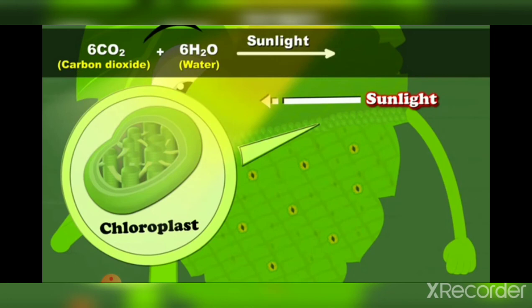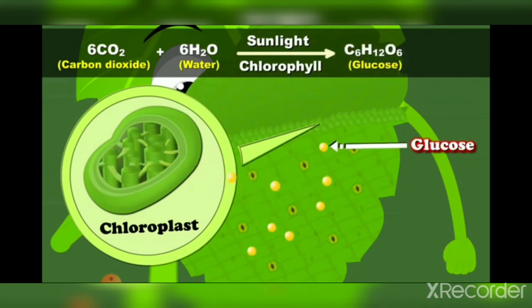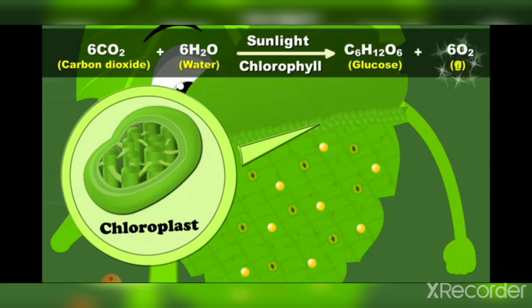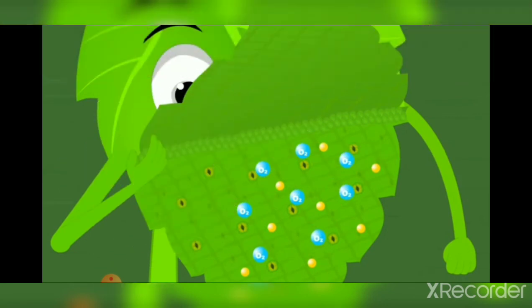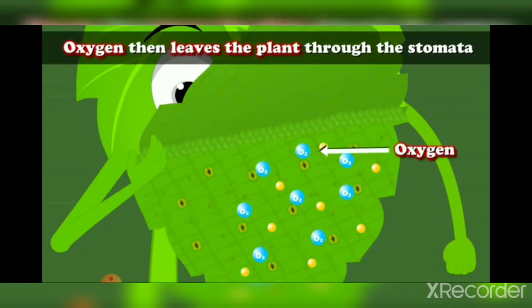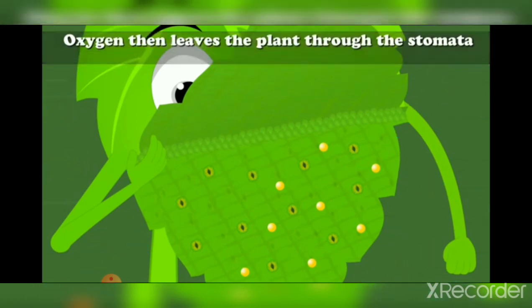Now you can see carbon dioxide or air plus water and sunlight. They make food for the plant. And now the plant grows and gives us oxygen. So the plant takes carbon dioxide while breathing and gives oxygen to us for breathing. You can see here how oxygen came out.